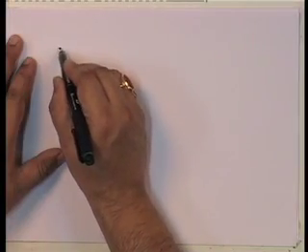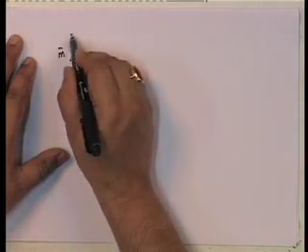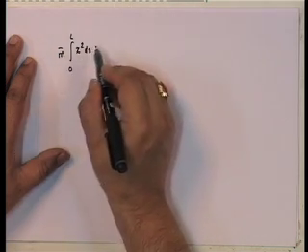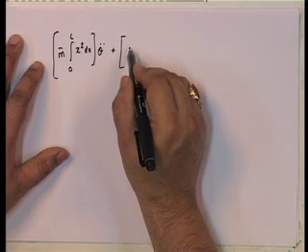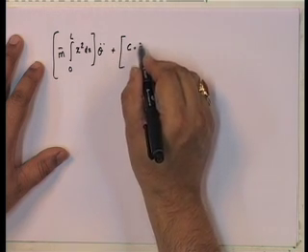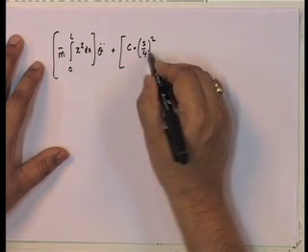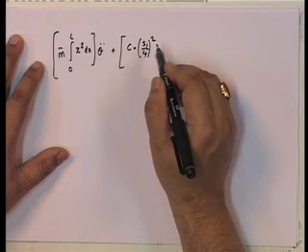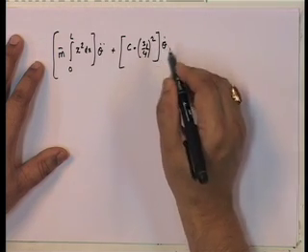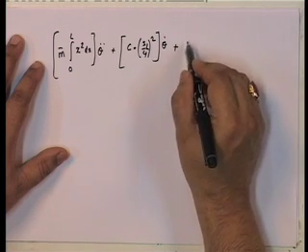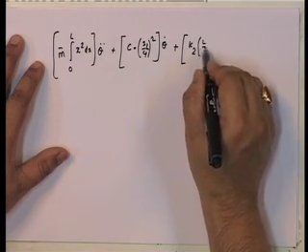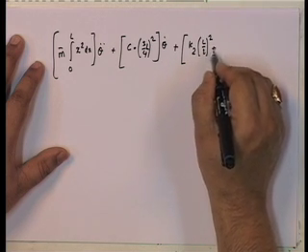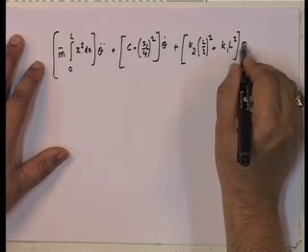I get m bar into integral 0 to L x squared dx theta double dot, plus c into 3/4 L whole squared into theta dot, plus k 2 L by 2 squared plus k 1 L squared theta.